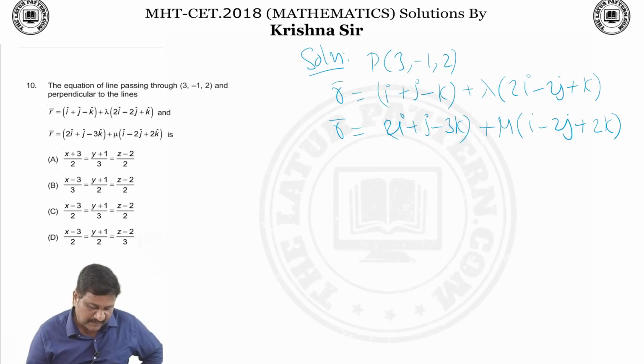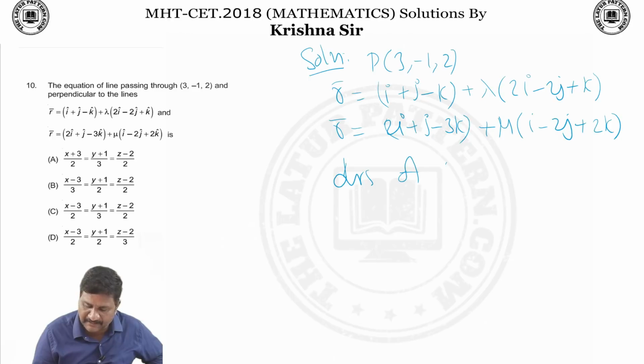Now the line is perpendicular to these two given lines, so its DRs are also perpendicular to these DRs. What do we have? The DRs of the required line we get from these two vectors, 2i minus 2j plus k and i minus 2j plus 2k, by the cross multiplication method.